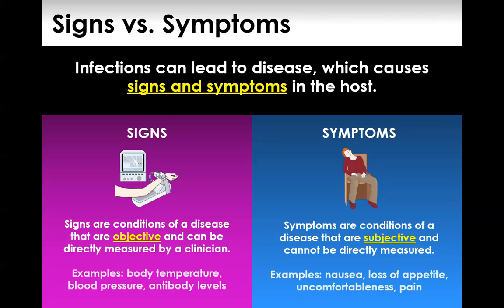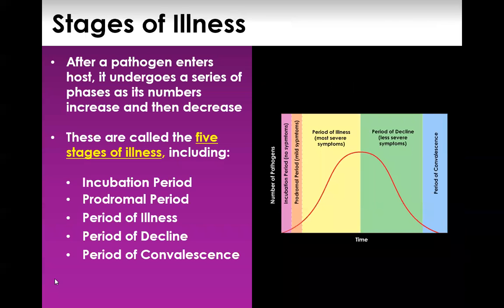Symptoms are subjective information that the patient tells us. If the patient says, I feel nauseated, or it burns when I pee, those are all symptoms, and they are subjective. Whenever a patient gives us that information, we have to believe what they're telling us, and we will document it exactly as the patient states.